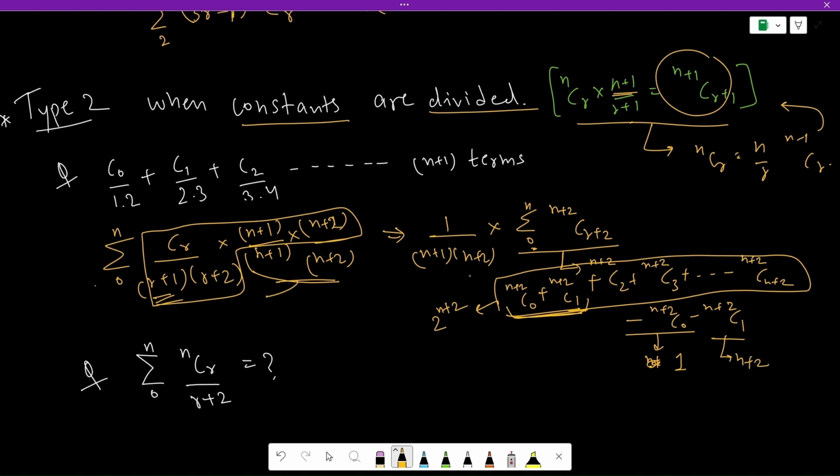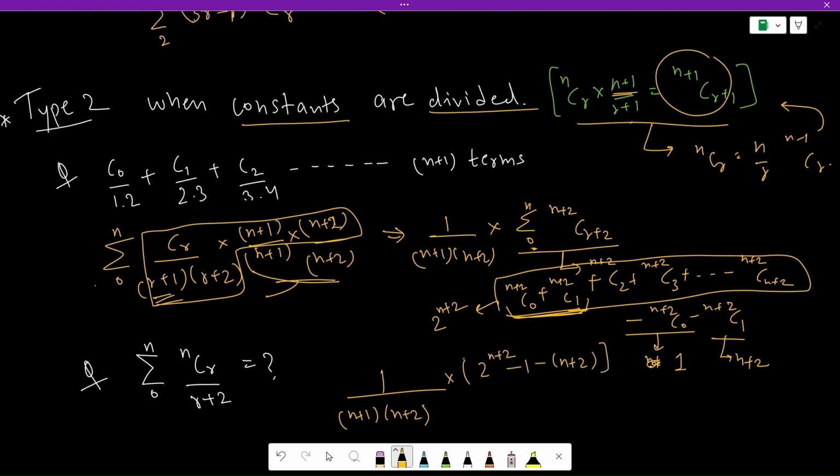Now we can just write all of them. This will be 1 divided by (n plus 1) into (n plus 2) into 2 to the power n plus 2 minus 1 minus (n plus 2).